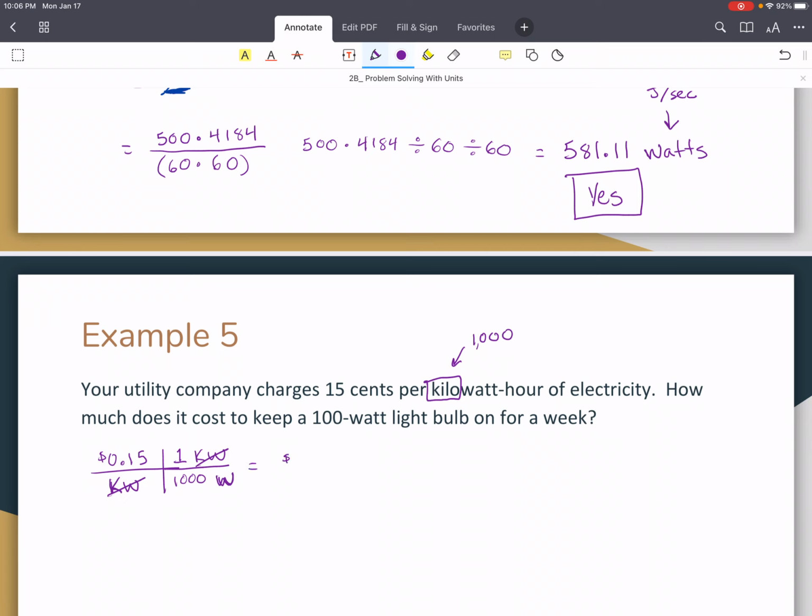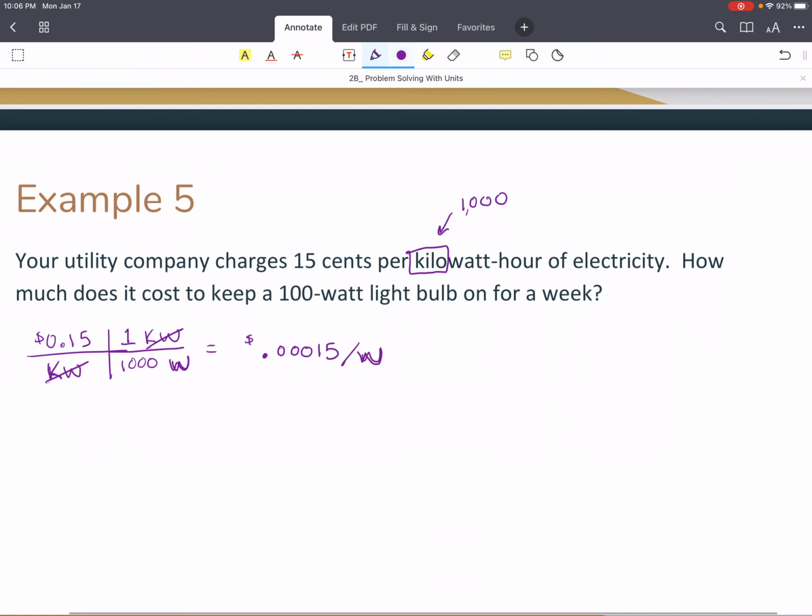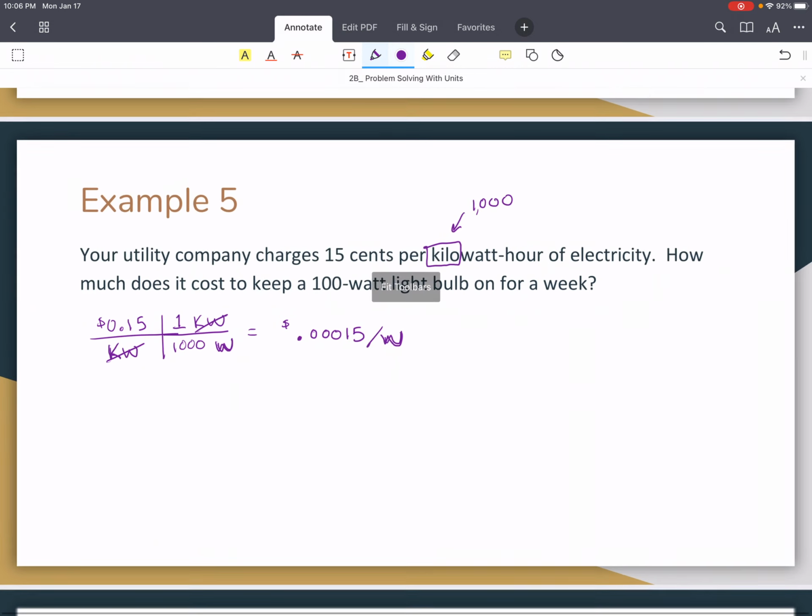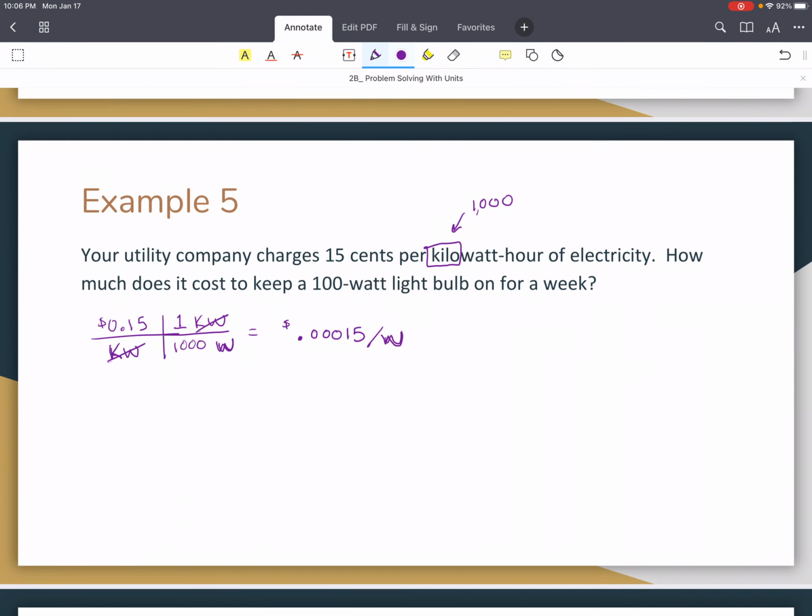Let's see, so move that decimal over. Okay, so it's very little per watt. But that's per hour. And so if we want to know how much it was in a week, there are 24 hours in a week.